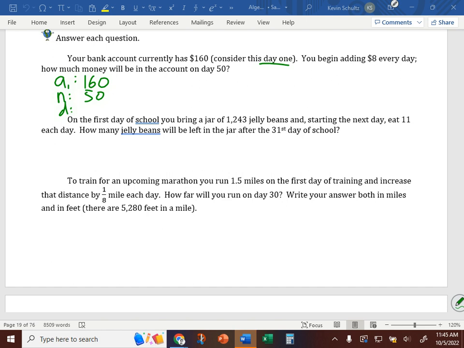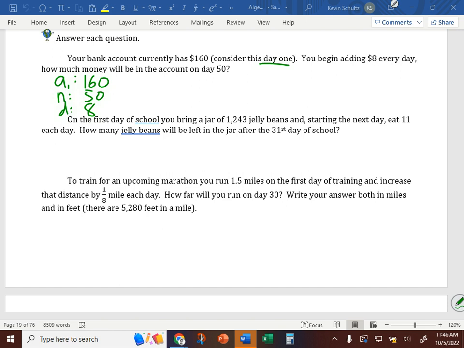And our constant difference, our pattern, is we're adding $8 each day. Now, what Nick described there, multiplying 8 by 50 and adding it to 160, that would be what you would do if you're looking for it 50 days from today. So technically the 51st day, right? But if we want the 50th day, we have to include that n minus 1 piece, because we already have the first term, right?